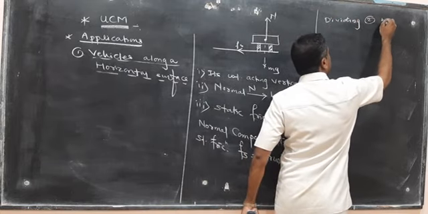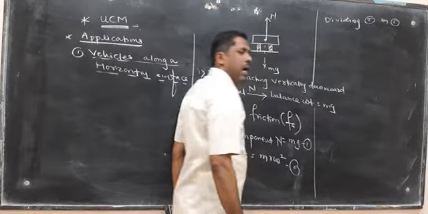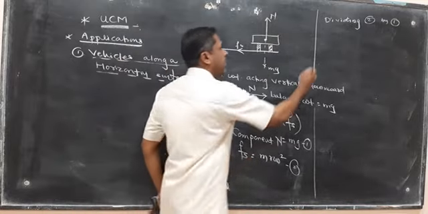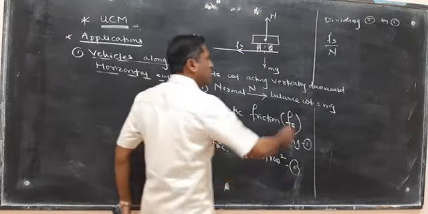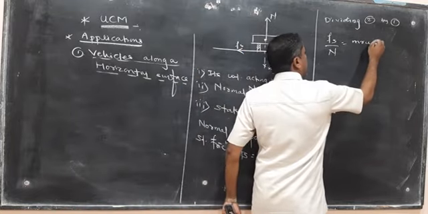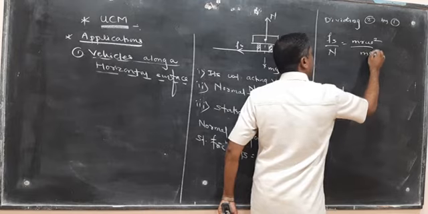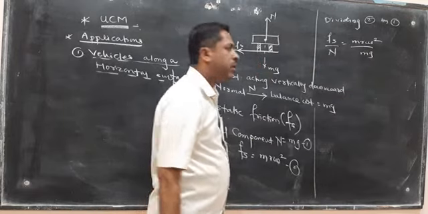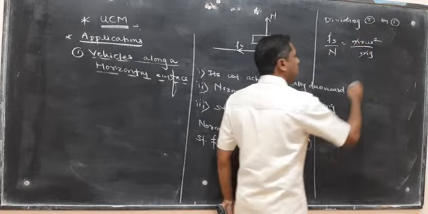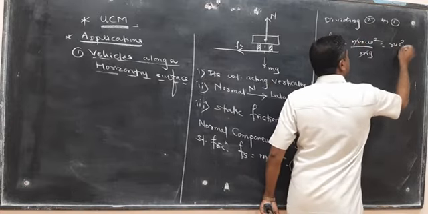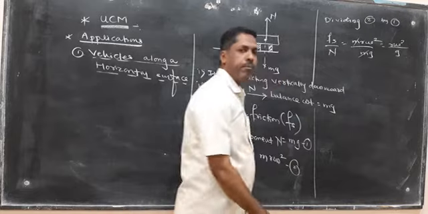Equation 2, static friction Fs, equation 1, normal reaction, and putting the values, m r omega square upon mg. Here m gets cancelled. What remains is r omega square upon g.